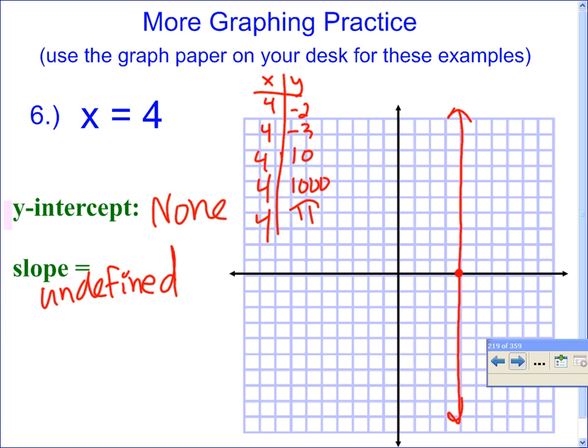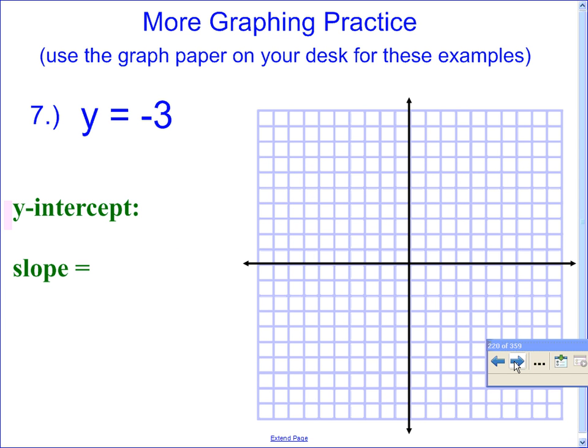Okay, number 7, y equals -3. It took some thinking. Are you with me? Number 7, y equals -3. I want you to write down the y-intercept and slope, and think about it for a minute before we go over it.